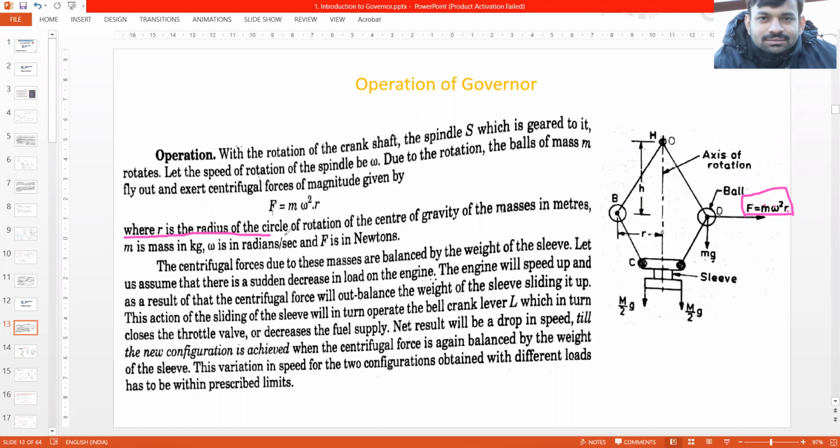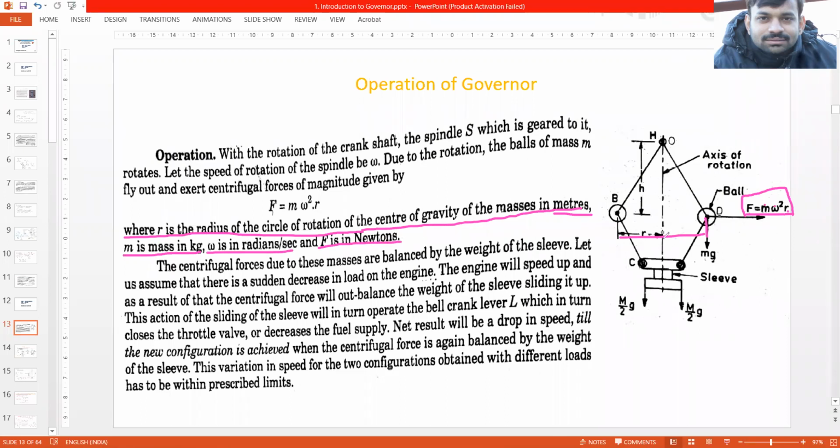Where r is the radius of the circle of rotation of the center of gravity of the masses in meters. So this r is the radius of rotation. This is the value of r, which is to be taken in meters. Please note the units we are using here. So the radius of rotation is to be taken in meters. Small m is the mass of the fly balls in kg. Omega is in radians per second. So when we keep these units, the force comes out to be in newtons.